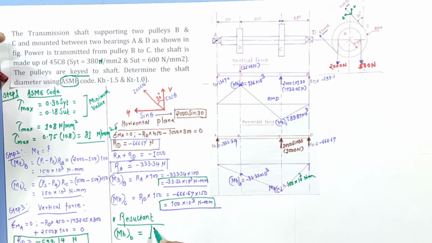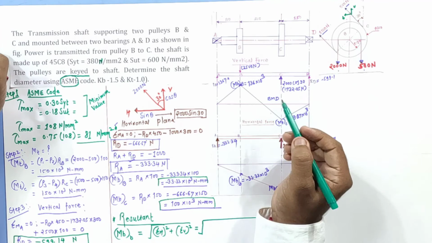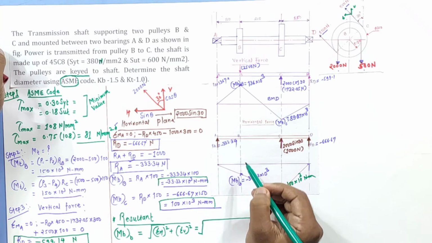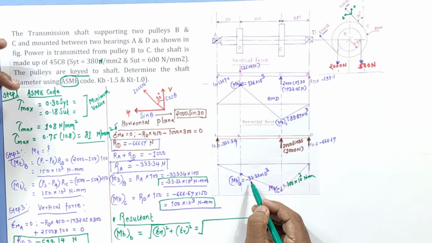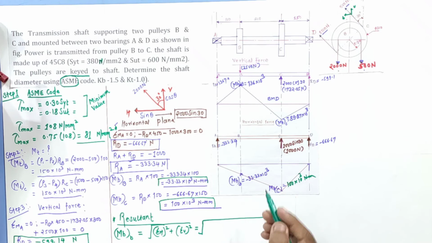For that I will have to calculate the square root of summation of horizontal force square plus summation of vertical force square. Clear? So what are the horizontal forces here? Horizontal is minus 33 point something. So I'll write 33.33 into 10 raised to 3 bracket square plus vertical 136 into 10 raised to 3 bracket square, through which I'll get the maximum bending moment, that is the resultant bending moment.